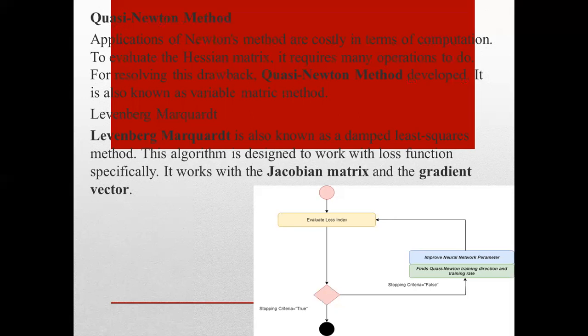At each iteration of the algorithm, it builds up an approximation to the inverse Hessian rather than calculating the Hessian directly. Information on the first derivative of the loss function is used to compute the approximation.